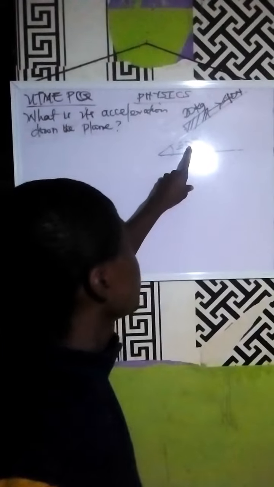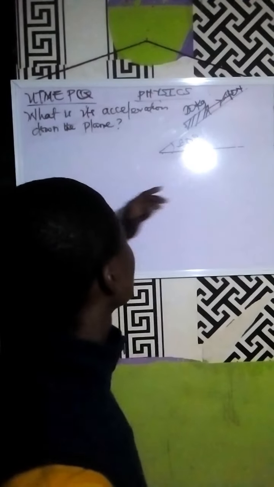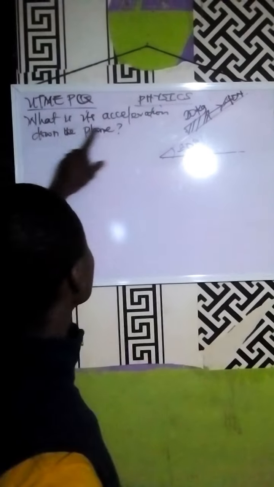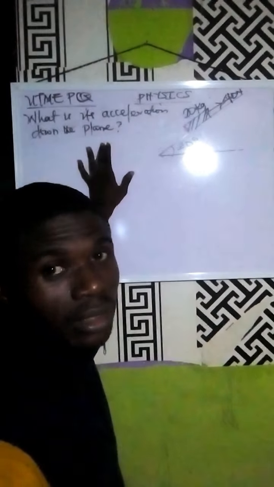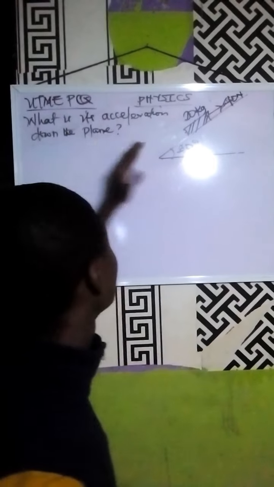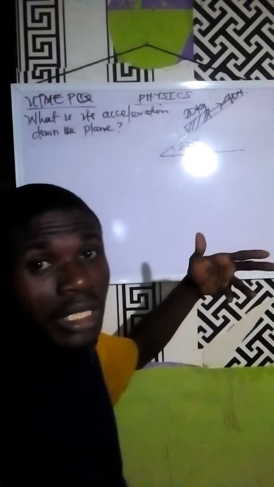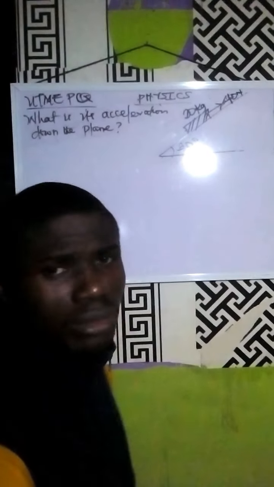There's an angle here inclined to the horizontal platform, that is 30 degree. Now the question is this: what is its acceleration down the plane? Looking at this diagram, you are being asked to calculate the acceleration of the body down the plane. Now let us work on this diagram.